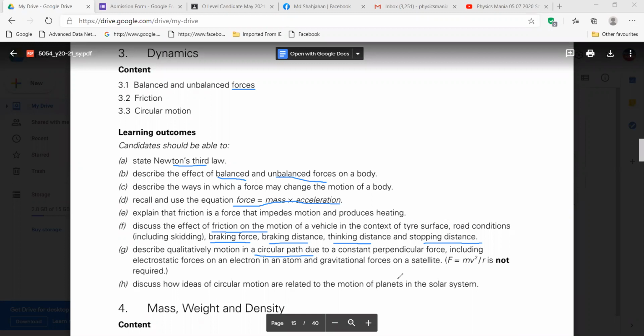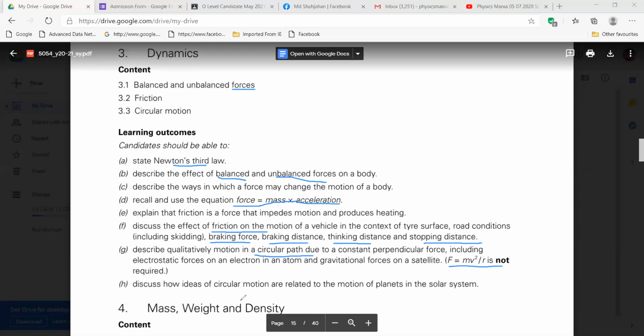So its speed is constant, but still it has acceleration. That acceleration is called centripetal acceleration, and there is centripetal force working towards the center of the circle.